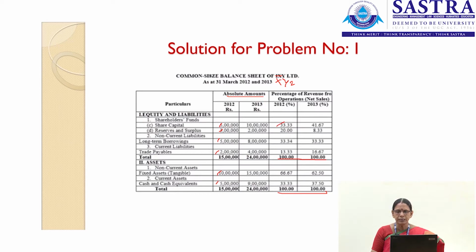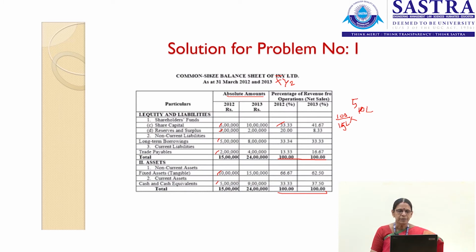So, we will take it as 100 divided by 15 lakhs into 5 lakhs, which will give you 33.33.